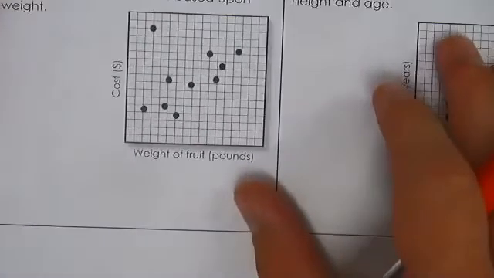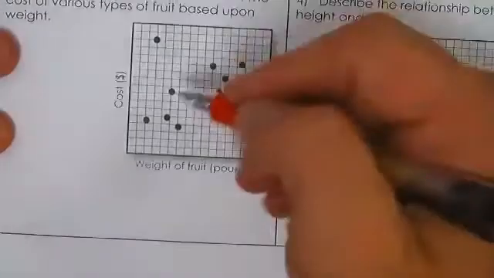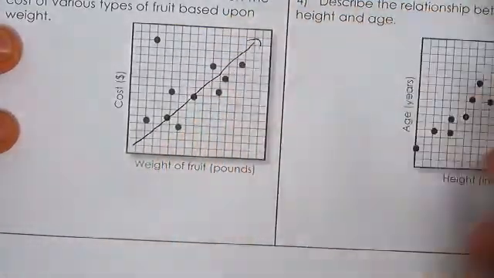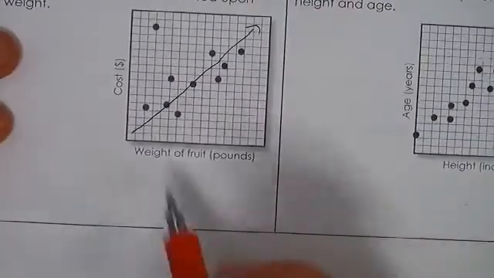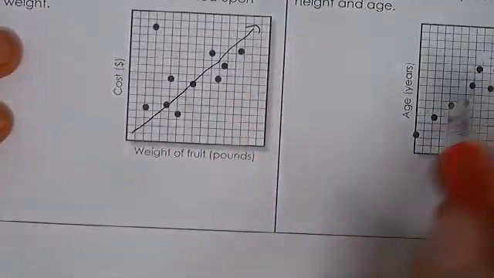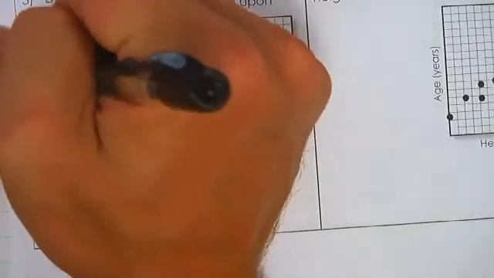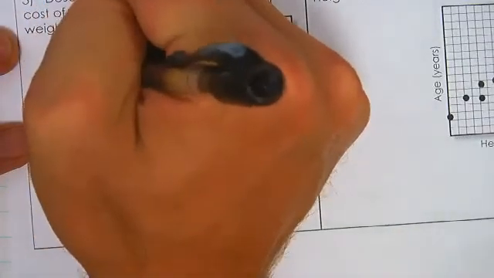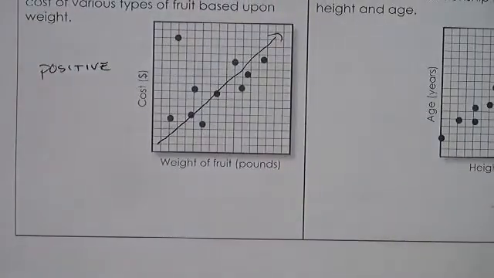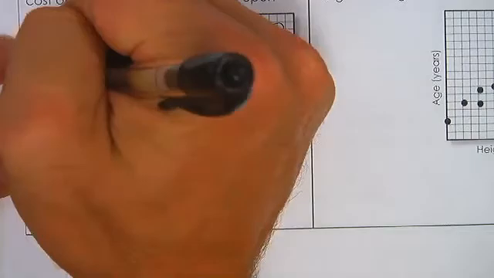So if we're looking at say this graph, you can see the trend here. It's the weight of the fruit and the cost. The more it weighs, the more it costs. That would be what we would call a positive association, and that just goes along with slope. Is this linear? Yes, it's very loose.